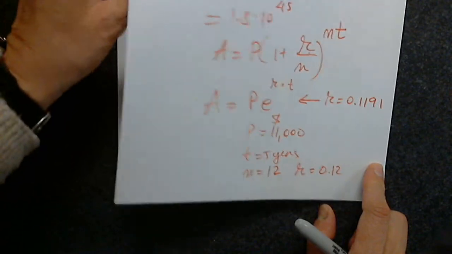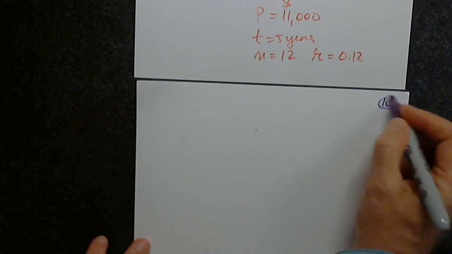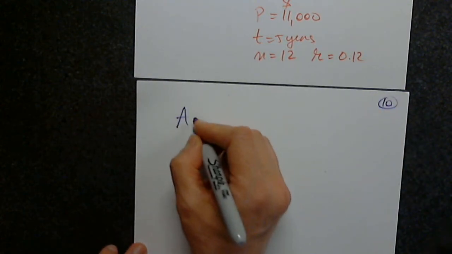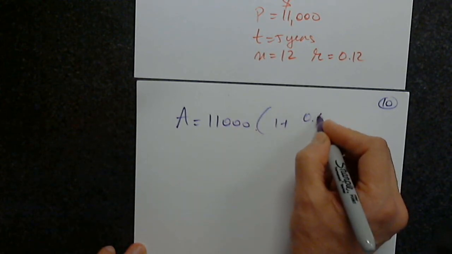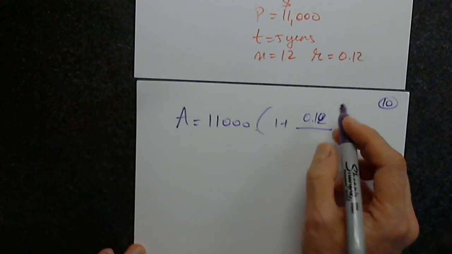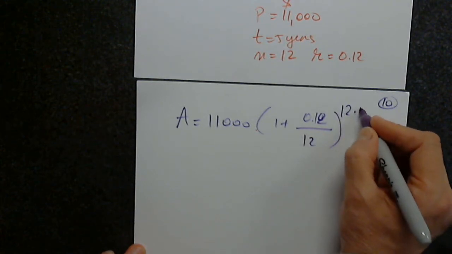So the first one we have A equals 11,000 times 1 plus 0.12 divided by 12, raised to 12 times 5.